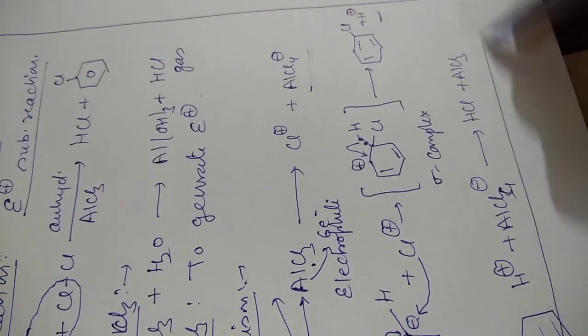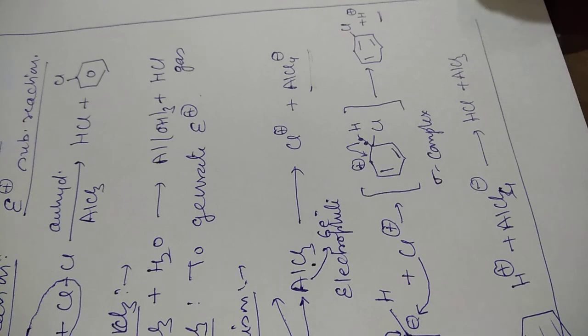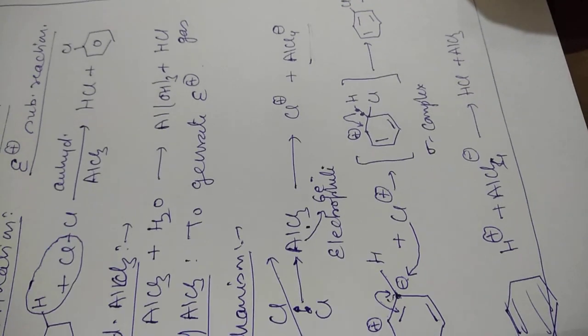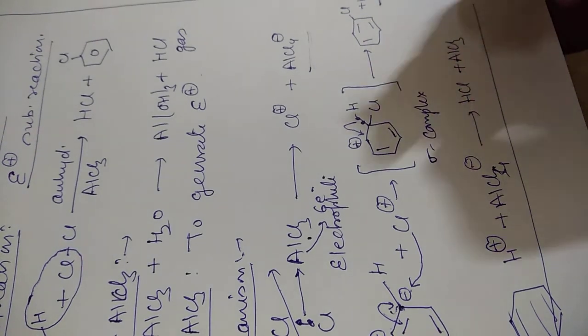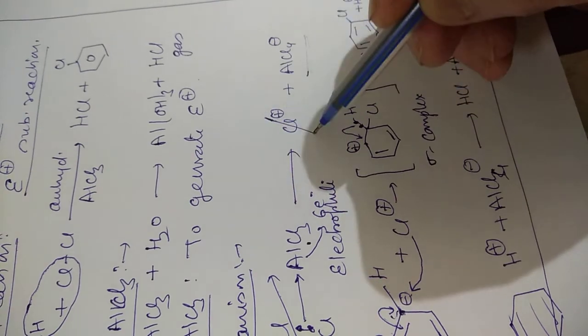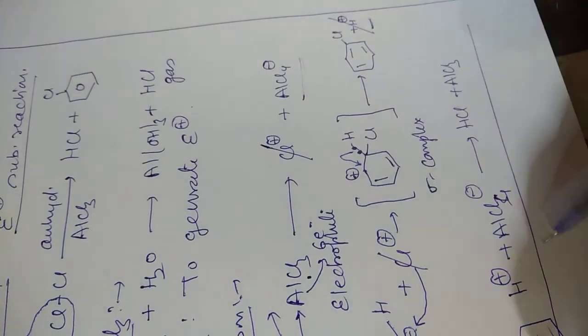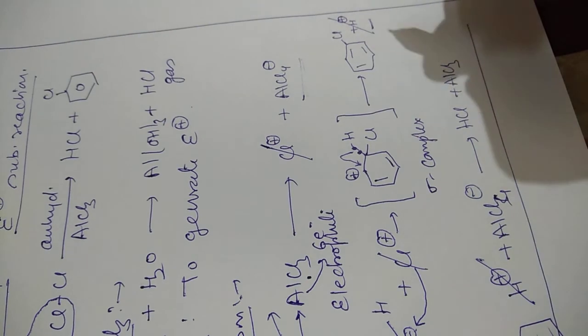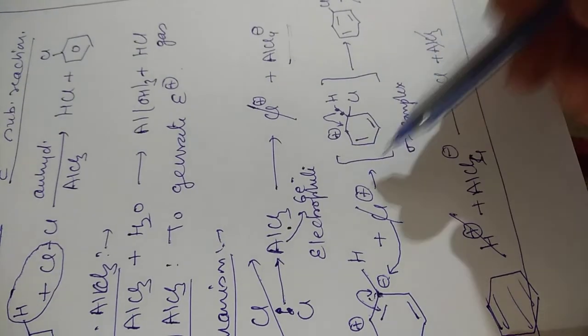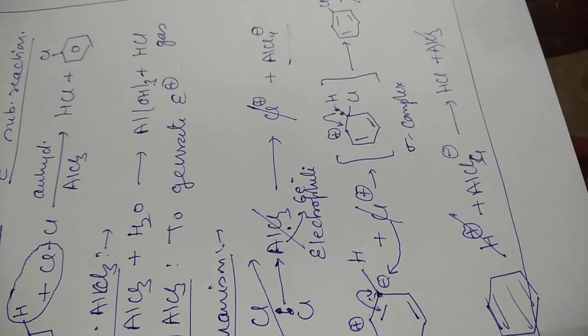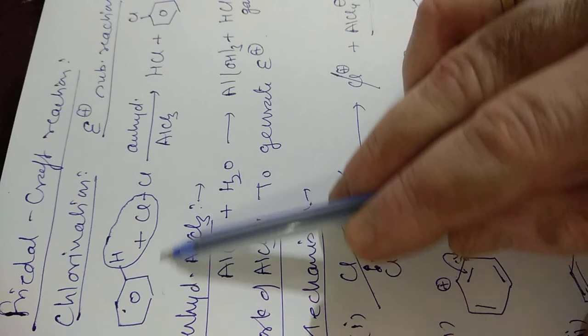If we add these three steps, mathematically we can cancel the common ones. Here Cl plus and Cl plus cancel, H plus and H plus cancel, AlCl3 and AlCl3 cancel, and you will observe the same reaction which we wrote over here.